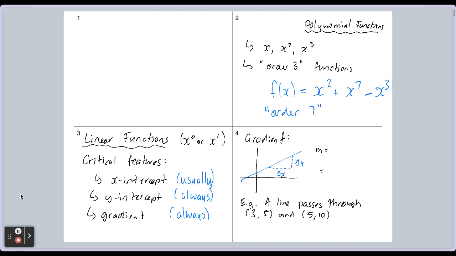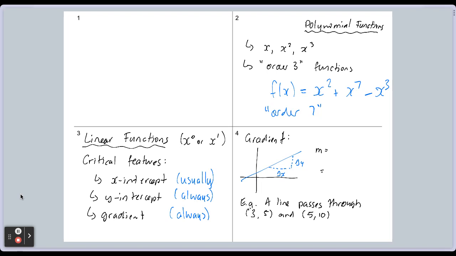So typically, if the rise is really big compared to the run, then you're going to have a big number. And if the rise is really big, you're going to have a really steep line. So the bigger the number of the gradient, the steeper the line is. Similarly, if I have a really tiny rise and a really long run, then it's going to be fairly flat. So you'd expect a small number to be flatter than a big number.